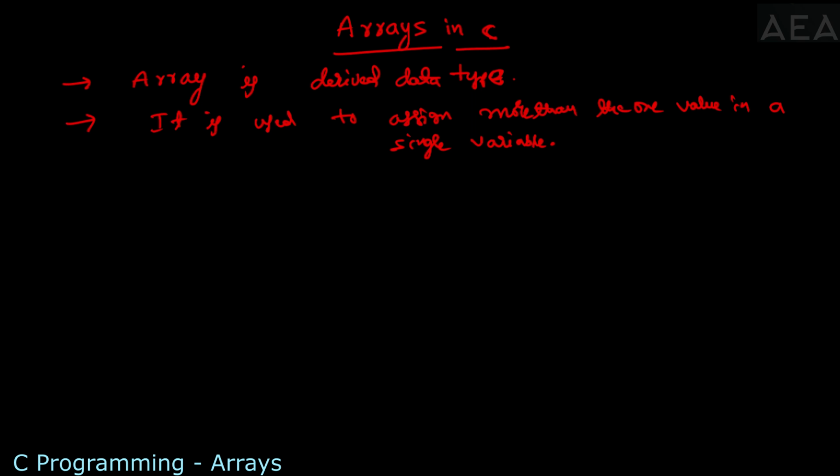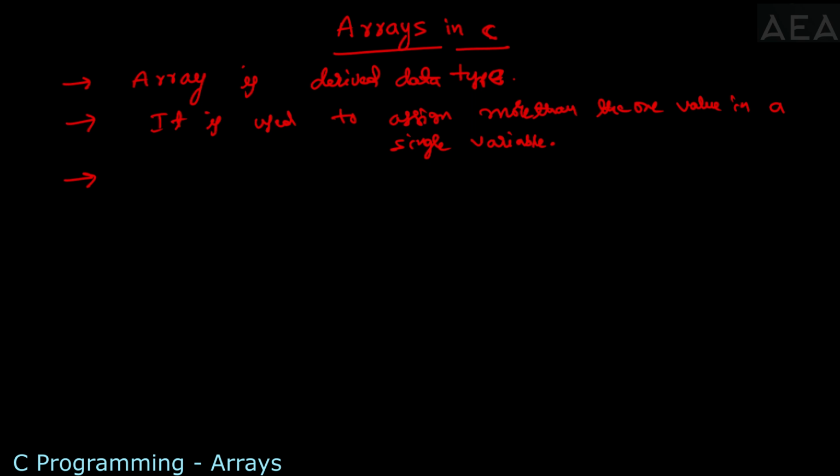If you write one variable for every subject, the number of variables increases. That's why we write one student's details in a single variable, entering those marks directly. To handle this type of values, we use a derived data type, to assign more than one value in a single variable.